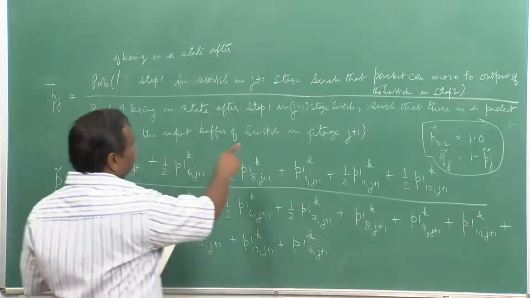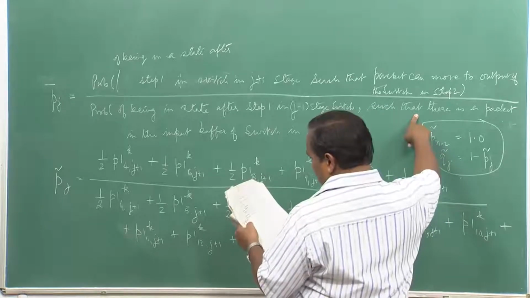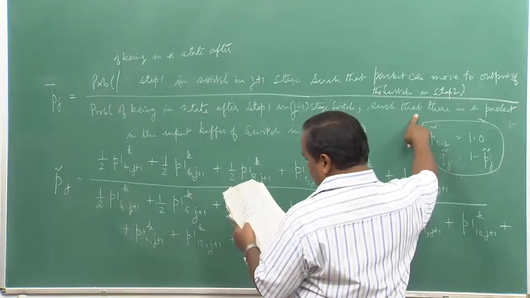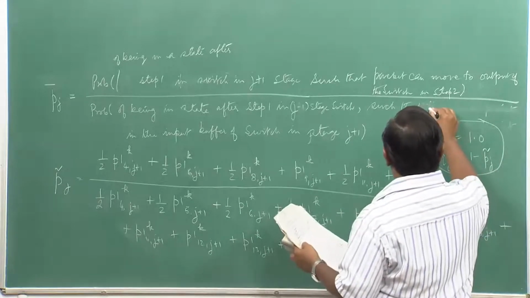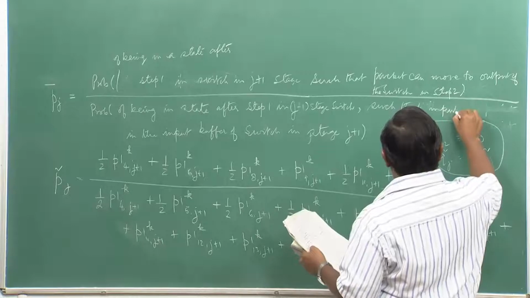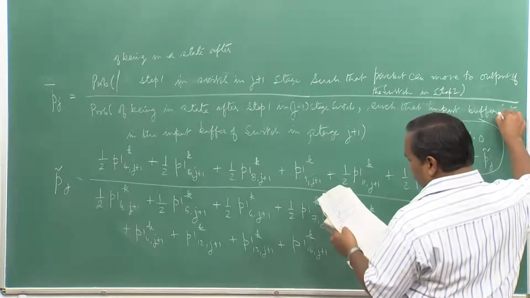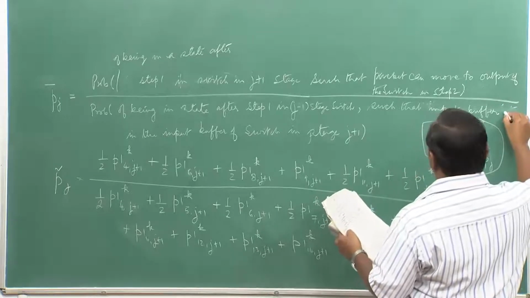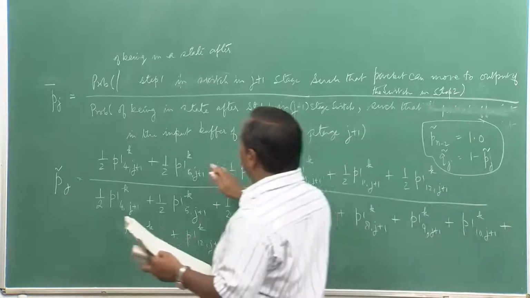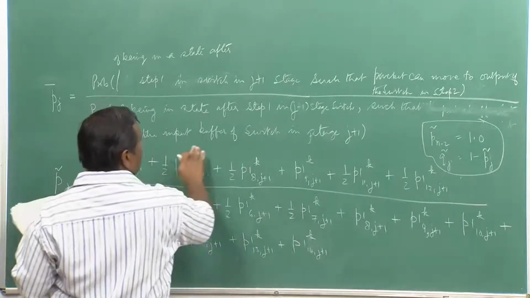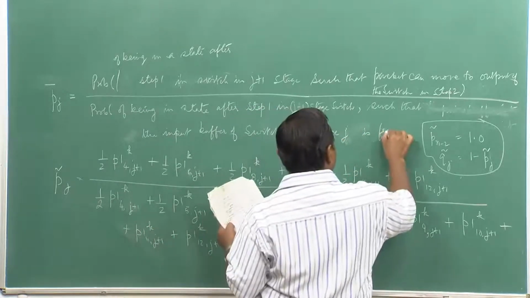So after step 1, j minus 1 stage switch such that the input buffer of switch in stage j is free.